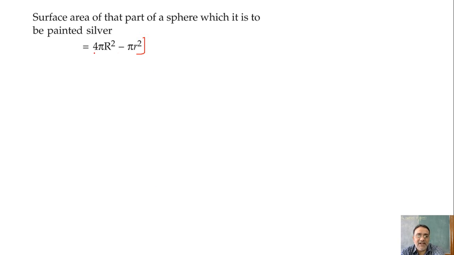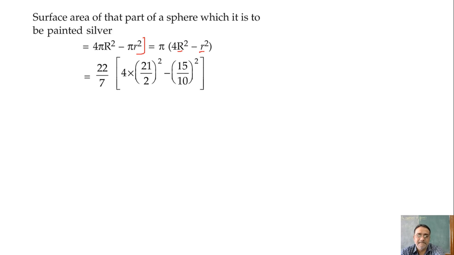So what we can take common from here? Pi. Yes, good. We can take pi common. Now substitute the value of capital R and small r. That is 21 by 2 and small r is 15 by 10. Okay. So ये हो जाएगा 441 by 4 and this will be, एक मिनट इसको थोड़ा और सिंप्लीफाई करते हैं, इसको 3 by 2.